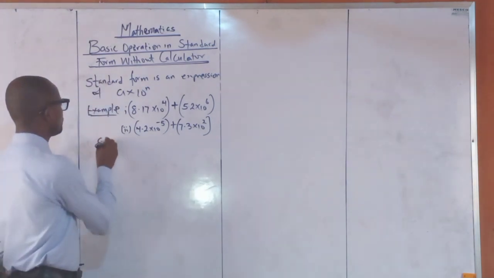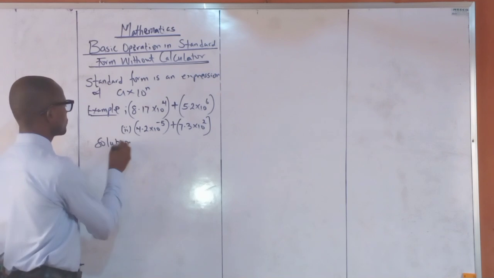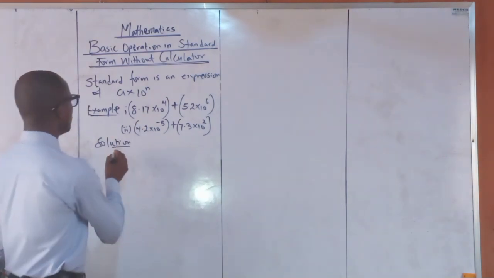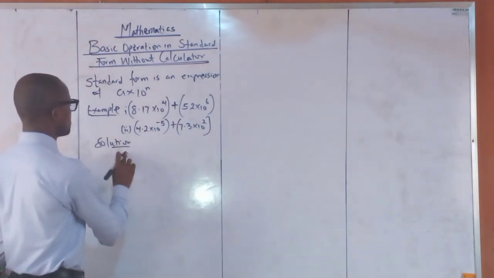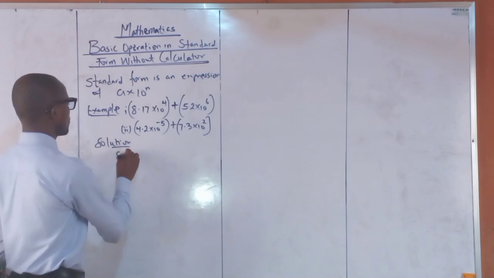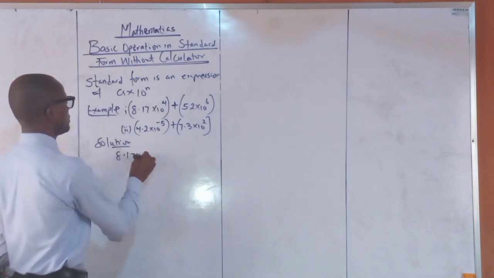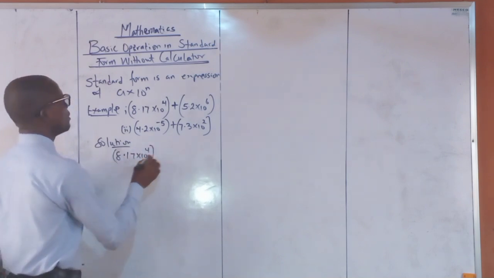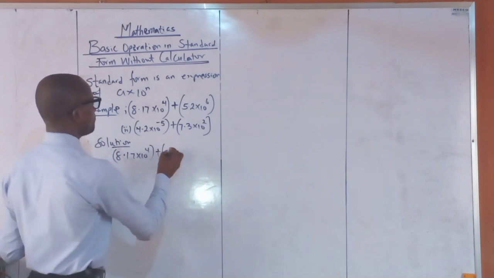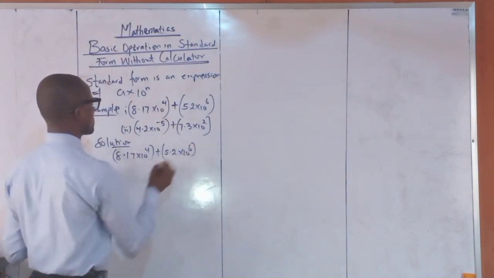Now, solution. Let's treat the first question, which is 8.17 times 10 to the power of 4 plus 5.2 times 10 to the power of 6.